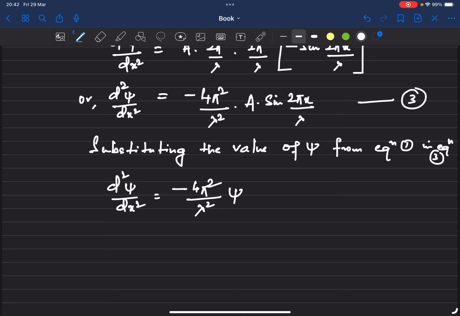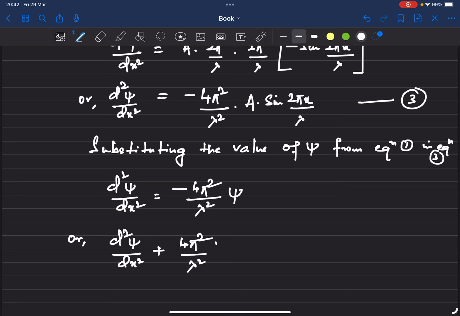Okay, now we are going to convert this into a differential equation. It has not yet taken the form. We have to bring the terms on the right hand side to the left hand side. So we can rearrange it as d2 psi by dx square plus 4 pi square divided by lambda square into psi equals 0.